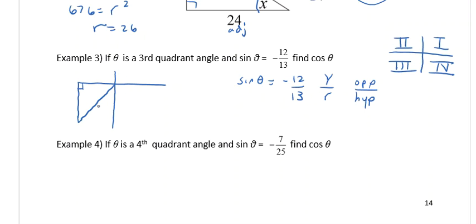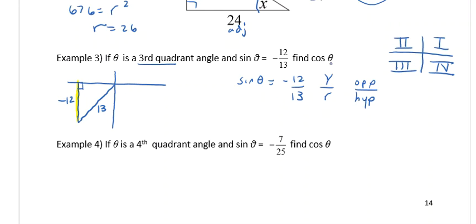So this is my hypotenuse, 13, or that radius being positive, and then my opposite, or my y value, is over here, and that length is going to be -12. Notice the negative. The negative is accounting for us being in the third quadrant, and that it's headed down.